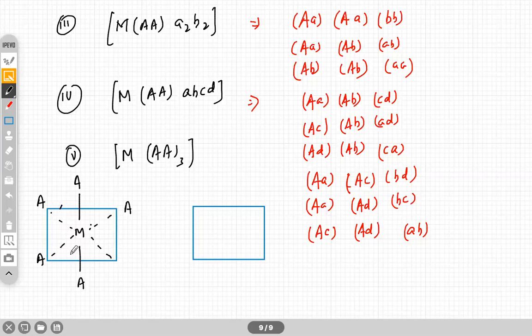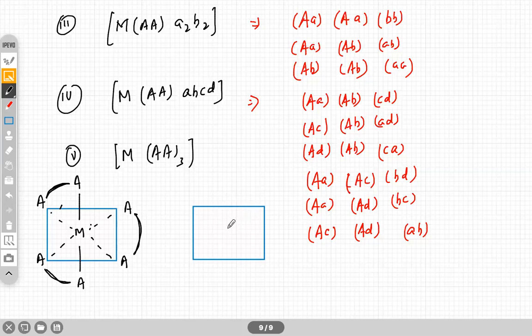All our bidentate ligands must be present at 90 degrees. So we can say these two are connected, these two are connected, and these two are connected. One possibility is this. Okay.